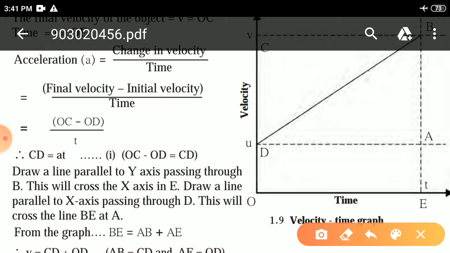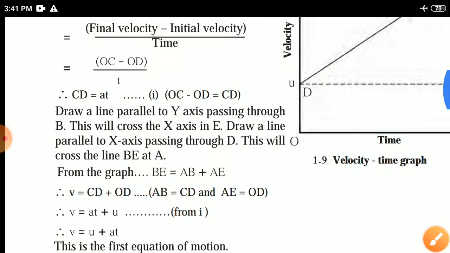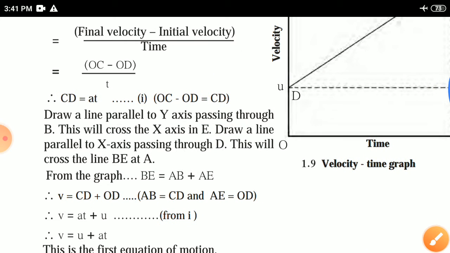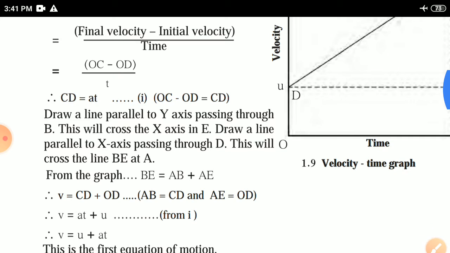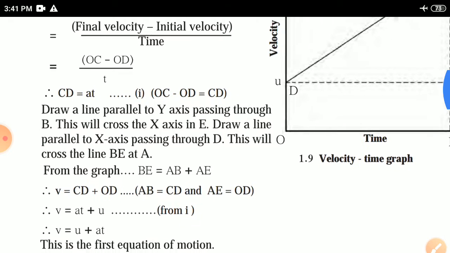Now we know that CD is equal to a into t, where a is the acceleration. So CD is equal to at. This is equation first.